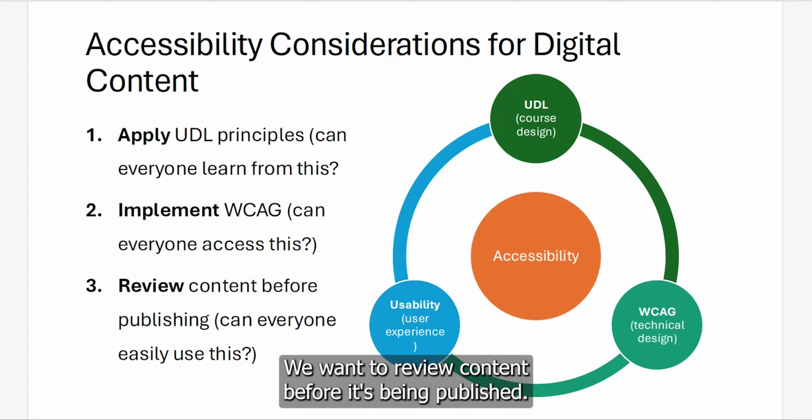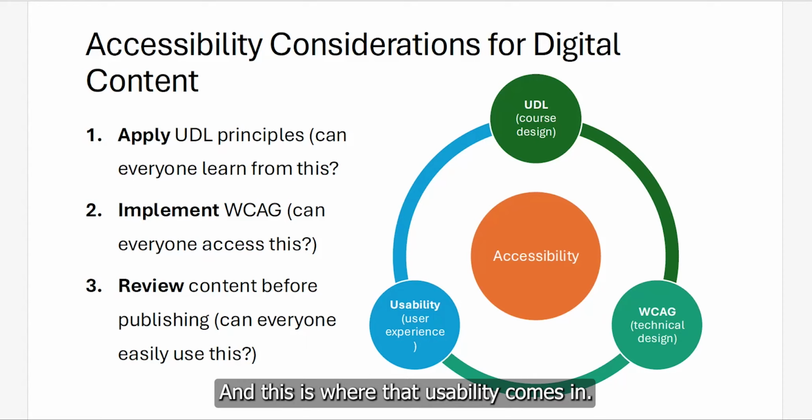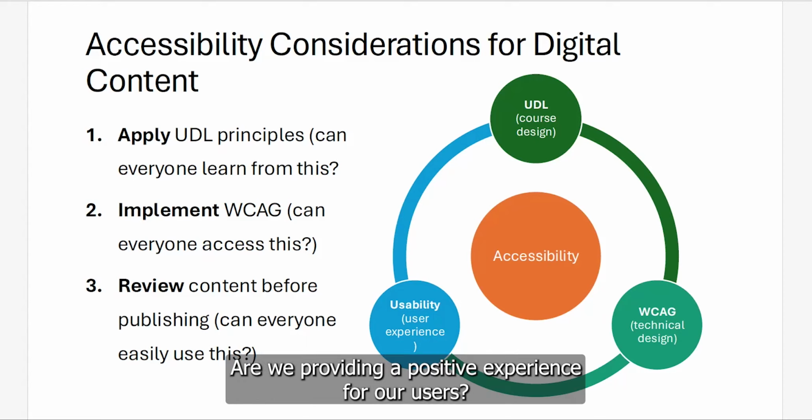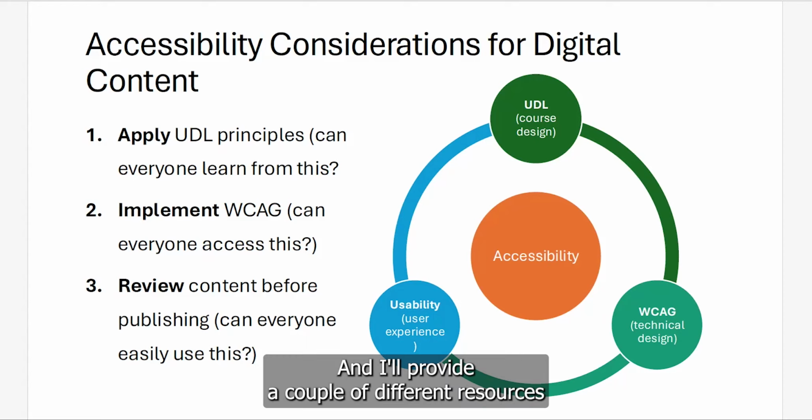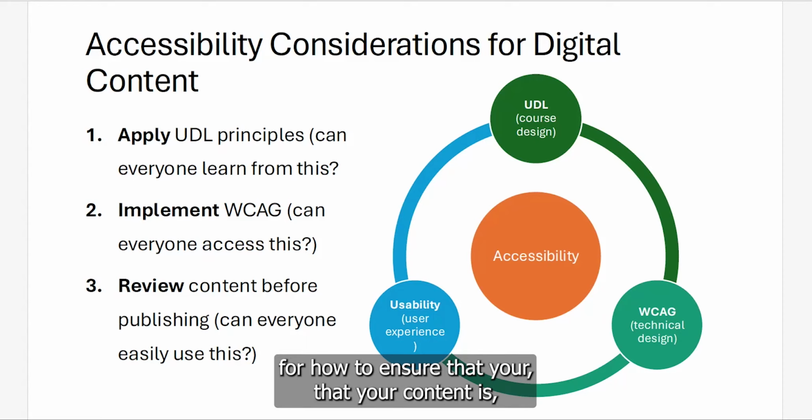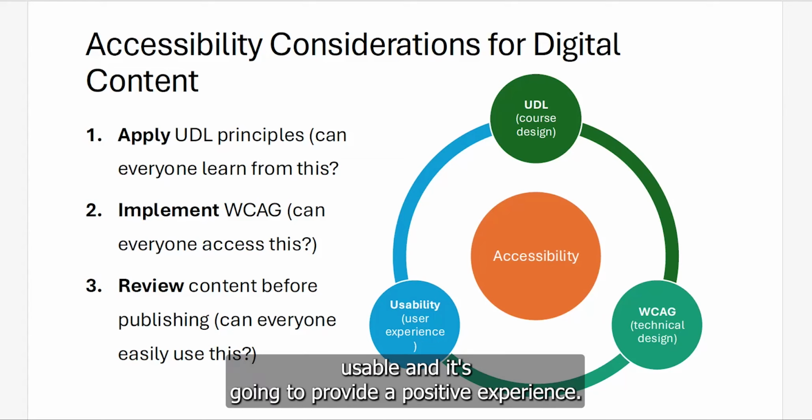We want to review content before it's being published, and that's where usability comes in. Are we providing a positive experience for our users? And I'll provide a couple of different resources for how to ensure that your content is usable and it's going to provide a positive experience.